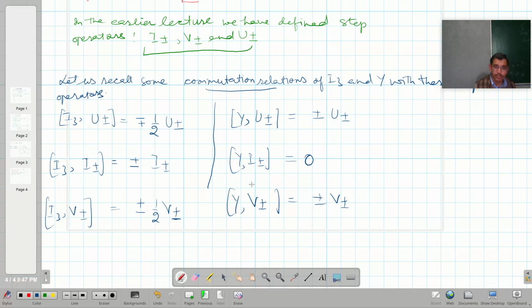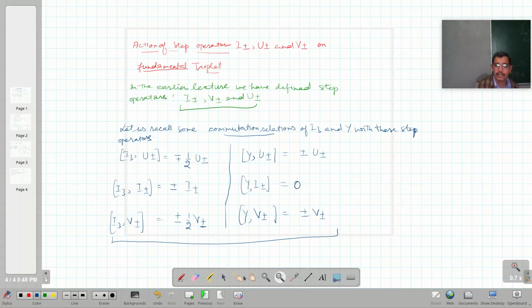So these are the few standard commutator relations. Now let us understand what it means. So I will try with the first one first of all. If I consider the first one, then what does it mean?